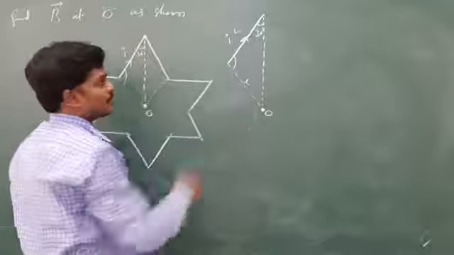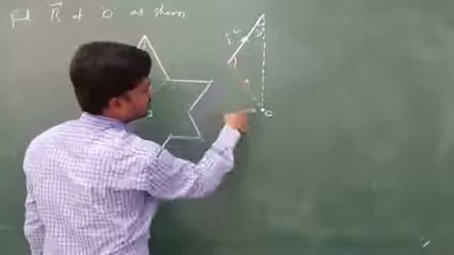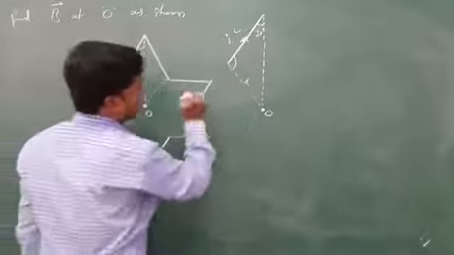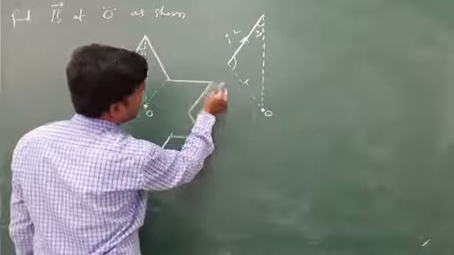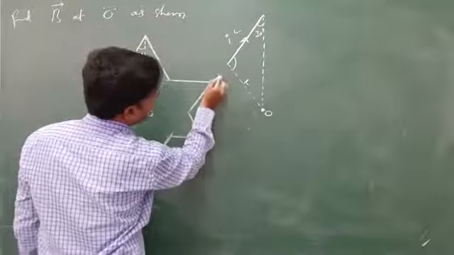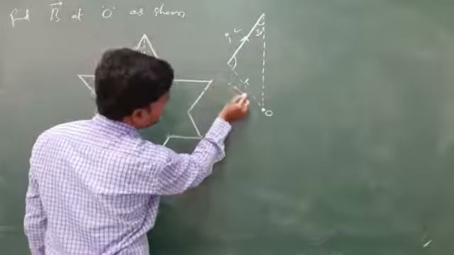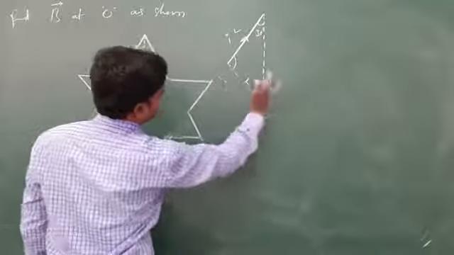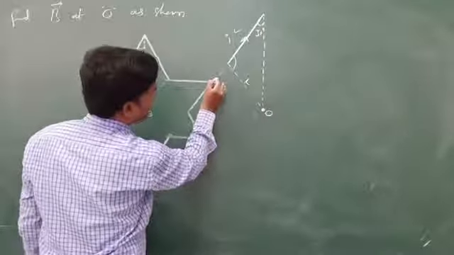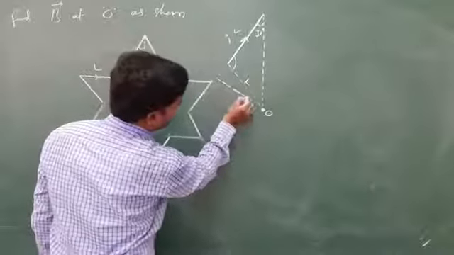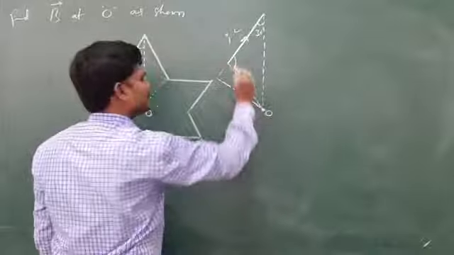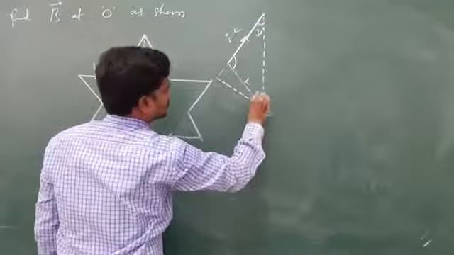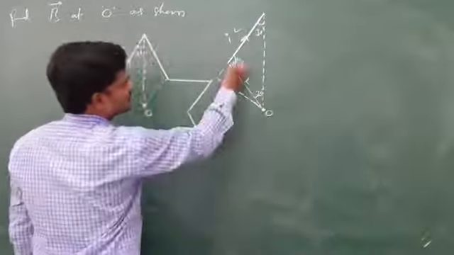I am finding the magnetic field because of this wire. To find the magnetic field, you just drop a normal. So let me extend this wire and draw a normal for this. See, this is 30, this is also 30, this is 120.